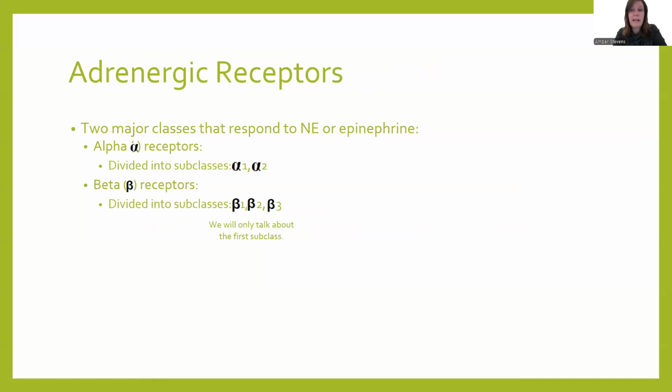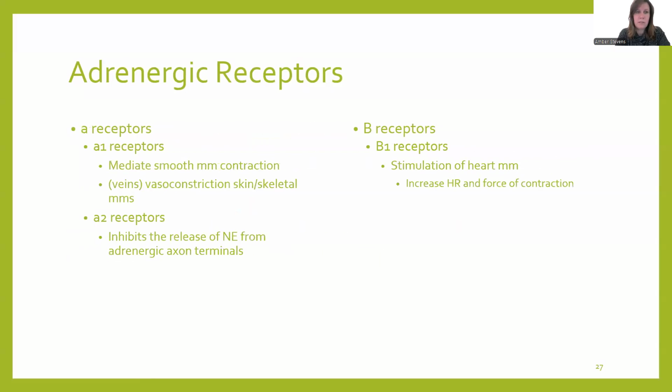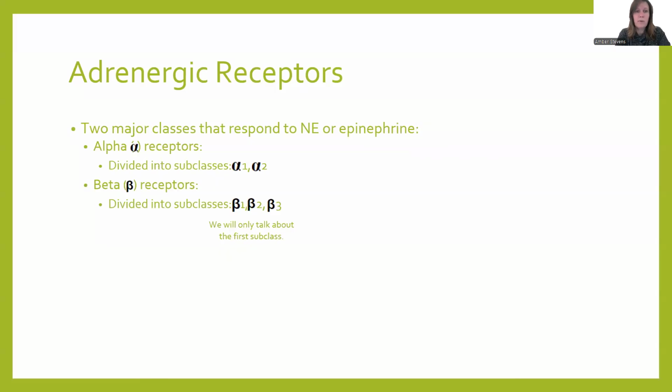All right, so the adrenergic receptors respond to norepinephrine or epinephrine. We're going to talk a lot about norepinephrine and epinephrine when you get into pain management, because that is included in our anesthetics for a reason. There are two major classes.